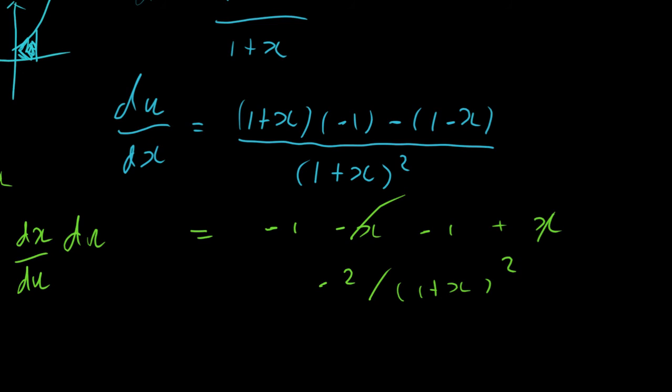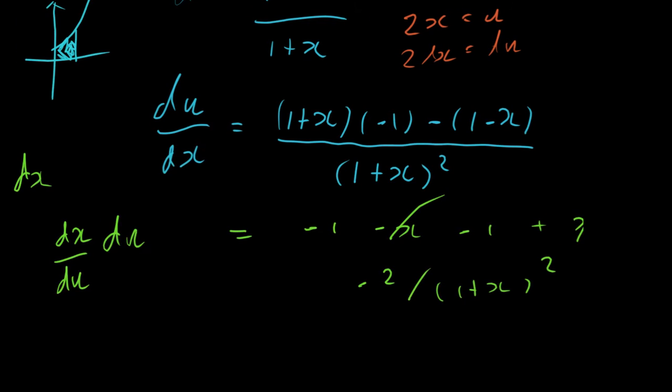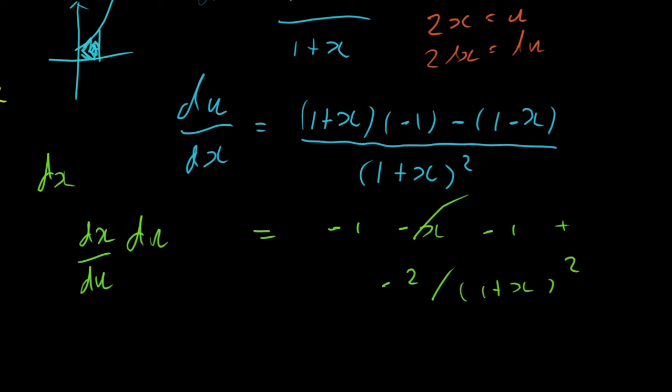Usually if I have an integral and the substitution is a little easier, like 2x is u, I might just differentiate implicitly on both sides, get 2 dx is du, and then I can sub in pretty easily without any problems. But here it's a little confusing, so it's better to take extra care, make sure you've got the right thing. So we definitely want dx by du. So that's going to be minus 1 plus x all squared over 2. So I'm going to substitute that in.